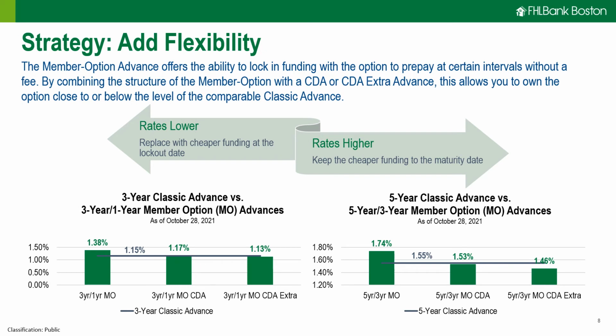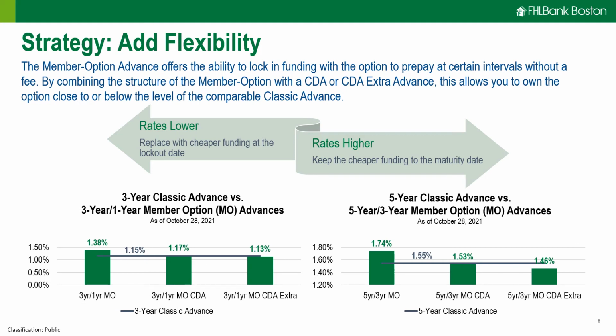Another great benefit of our CDA products, with the decreased interest cost, is that you can add flexibility to the liability side of your balance sheet without taking on additional cost above a classic advance rate. What we're looking at here is our member option advance, and if you're not familiar with what a member option advance is, it's essentially that you, the borrower, own the option to collapse the funding early.